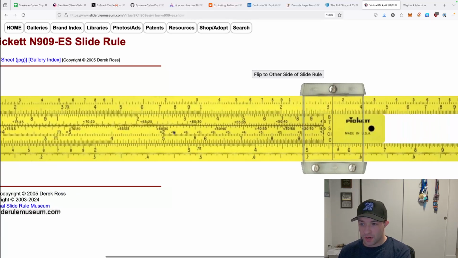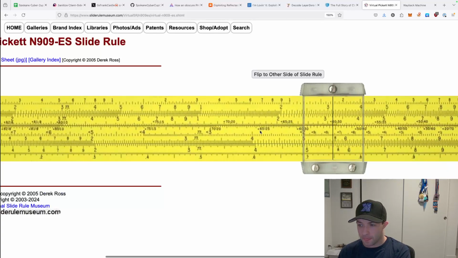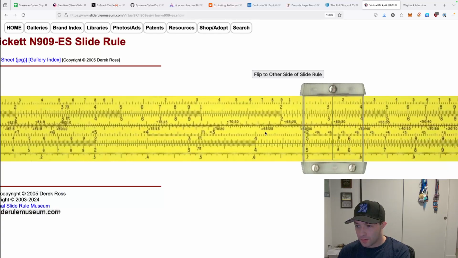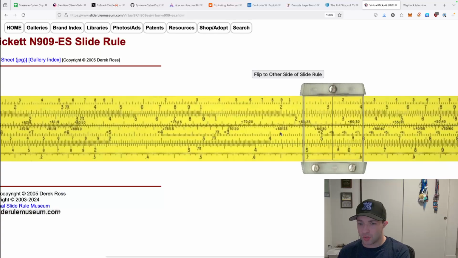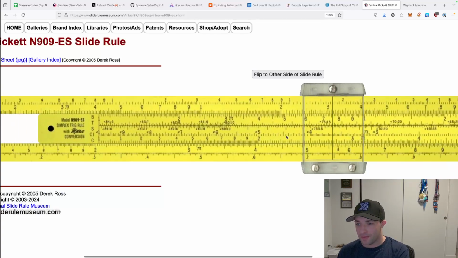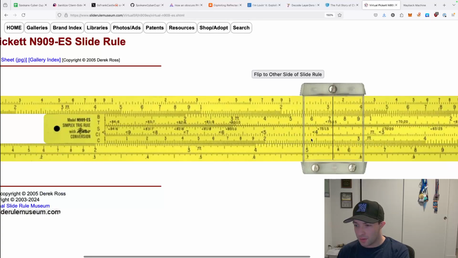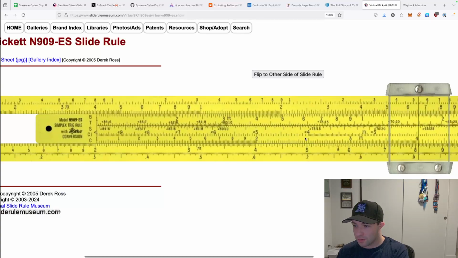So we need to find 5.6 on here. So we need to line up the 2.6 on top of the 56 that we have. If we look at the C scale, we have about 2.5, which means this is probably 2.6 right here.